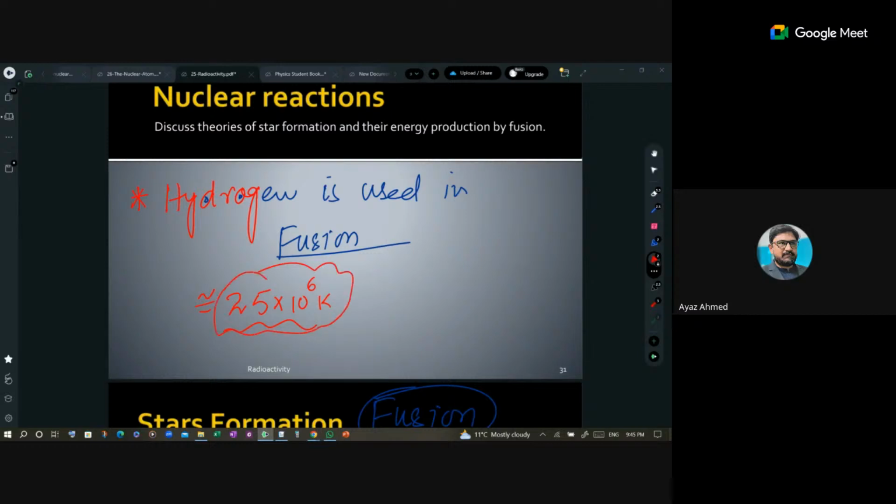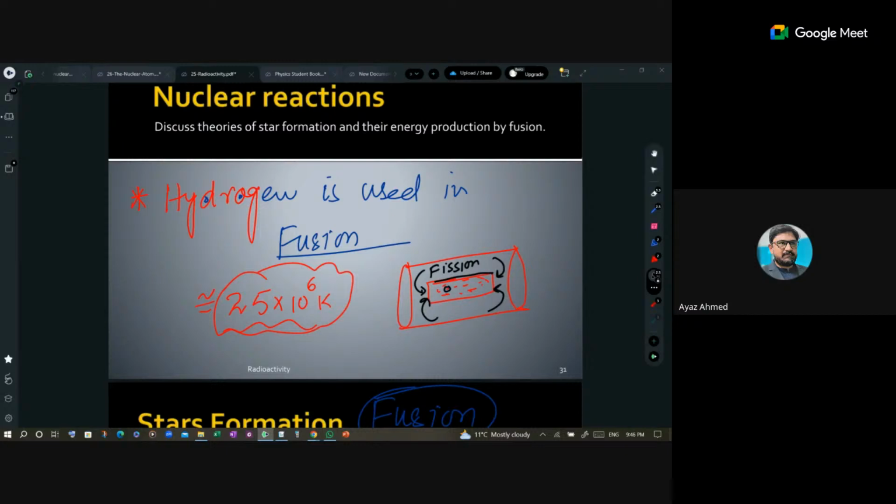Now, what happens? We have a casing for fusion, right? And in that we have hydrogen fuel inside. First, we perform fission in the outer casing, and then that outer casing produces a huge temperature and very high pressure, because that inner casing is also a core.